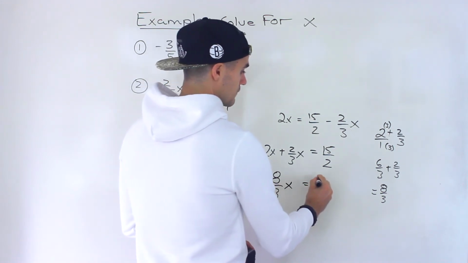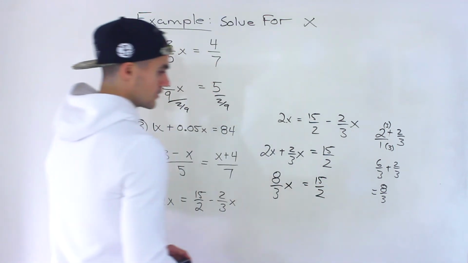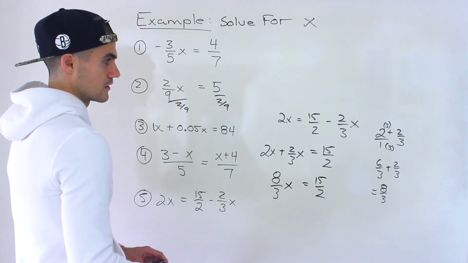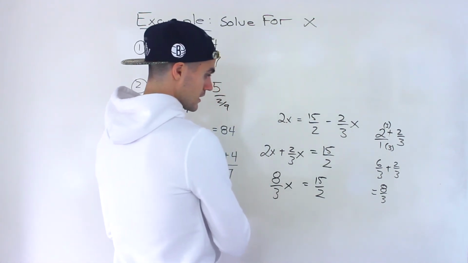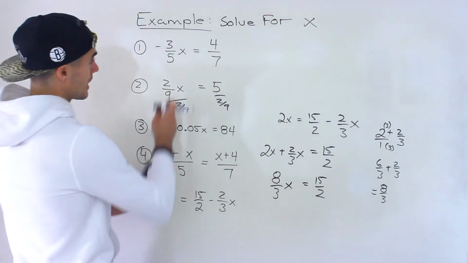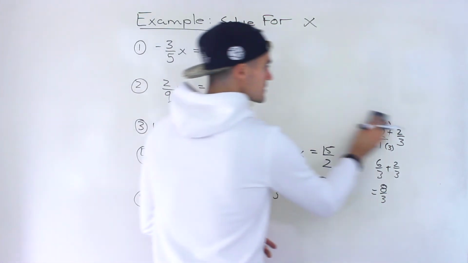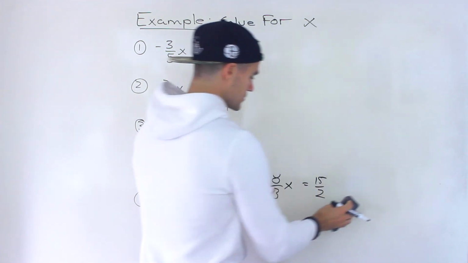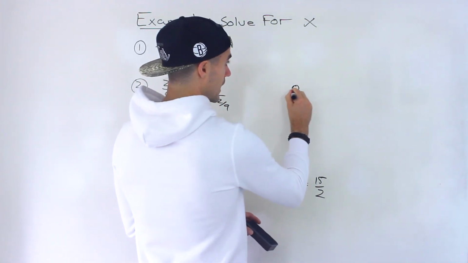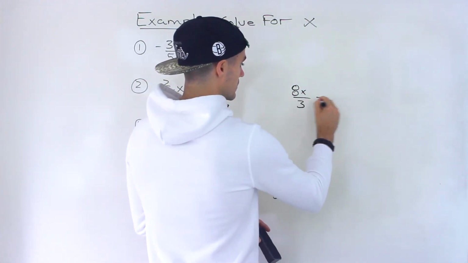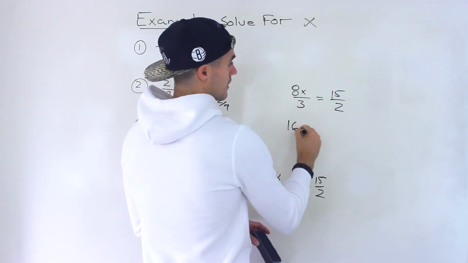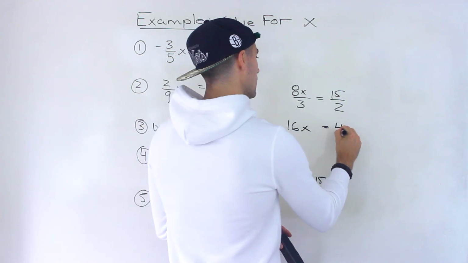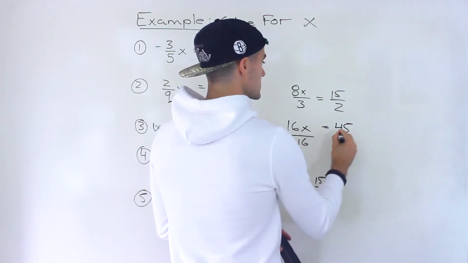So this would be 8 over 3 x equals 15 over 2, like that. And then from here, this just ends up being exactly like number 1. So we can divide both sides by 8 over 3, or we can combine it. Then we could cross multiply, like that, and divide both sides by 16.